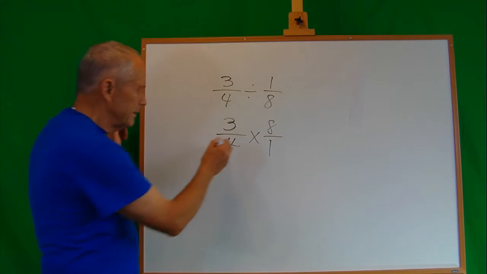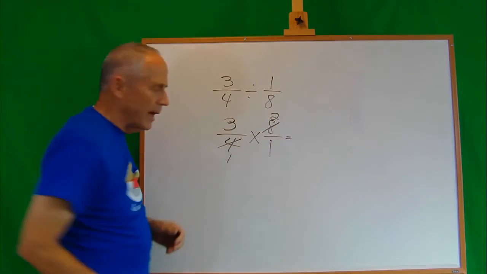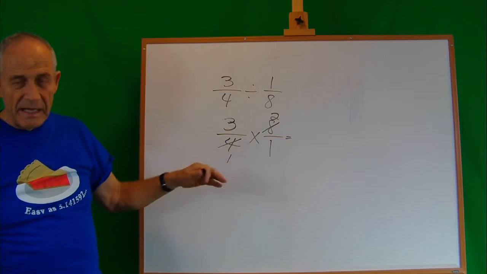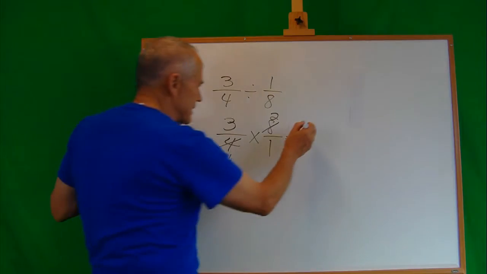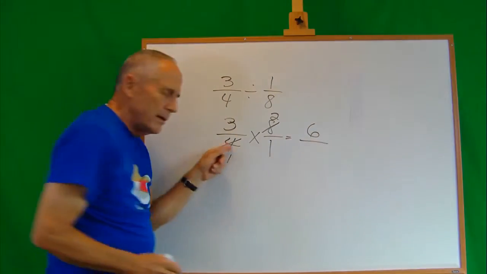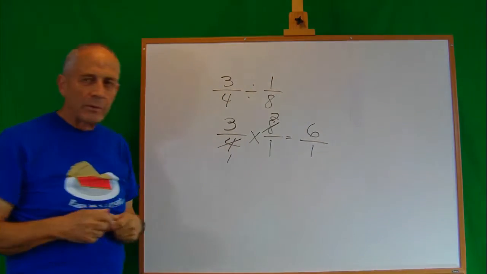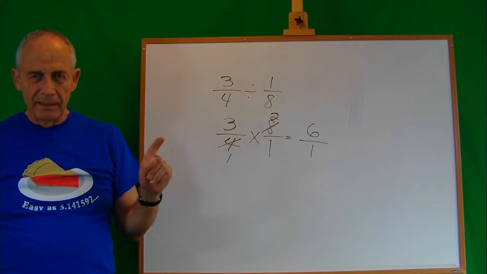So I can divide out that common factor. And when I do, now that everything's divided out, I multiply the numerators to get the numerator. So 3 times 2 is 6. 1 times 1 is 1. So 3/4 divided by 1/8 is 6.